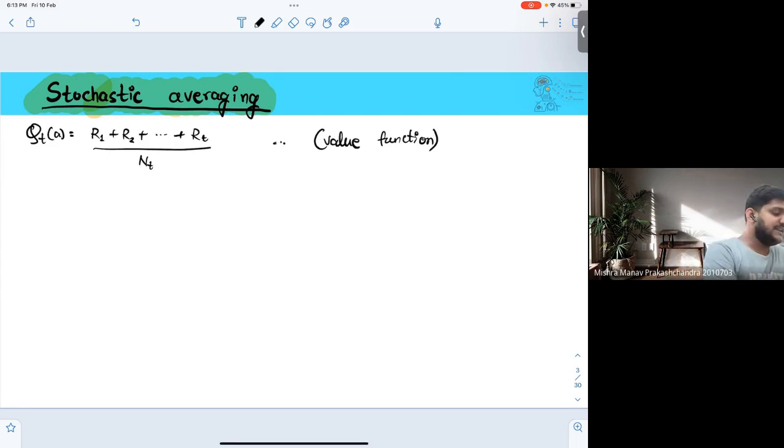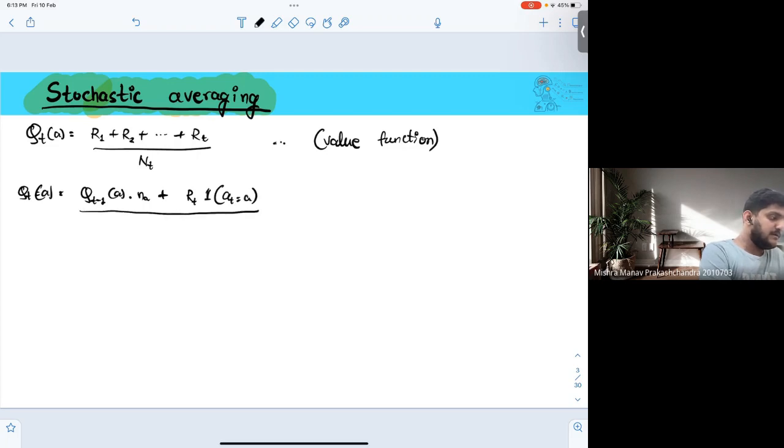So if I write it more compactly, my Qt of A can be written as Qt minus 1 of A times NA, plus RT if AT is equal to A, upon NA plus 1.